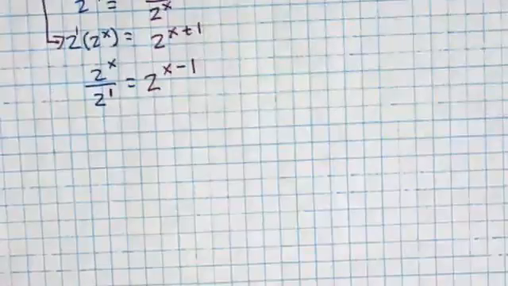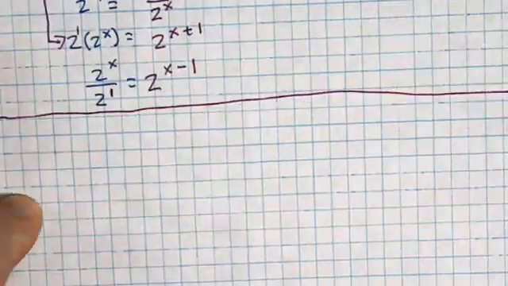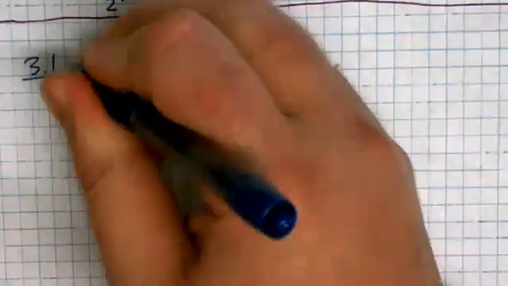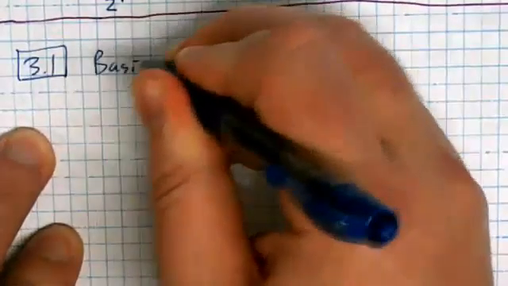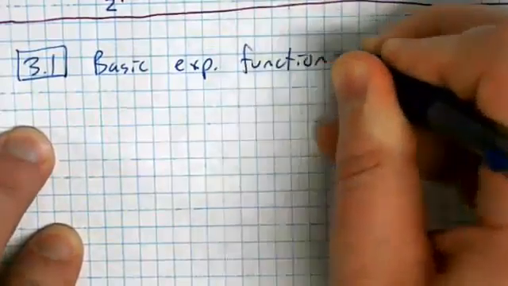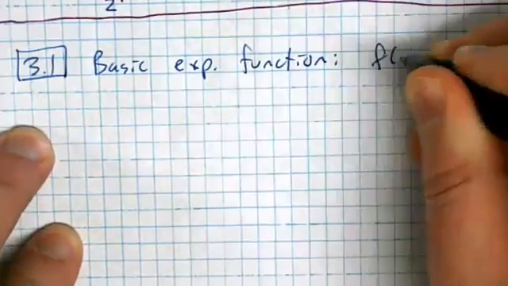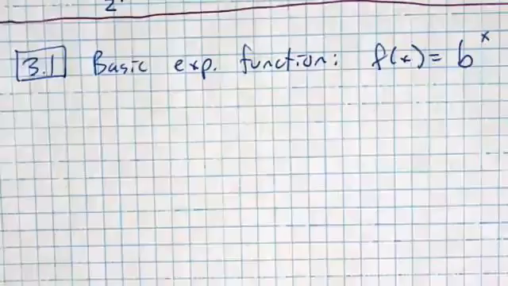We're going to start off with a basic exponential function. So we're getting into 3.1 here. We're going to start off with a simpler case with just b to the x.